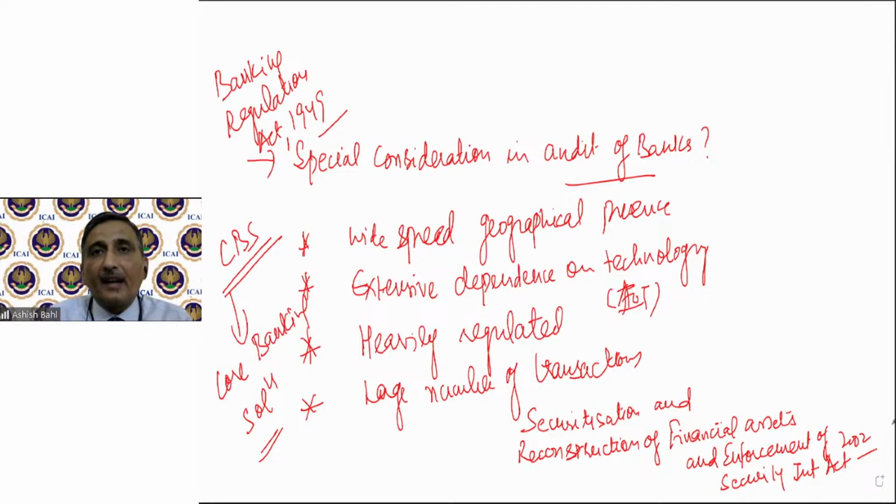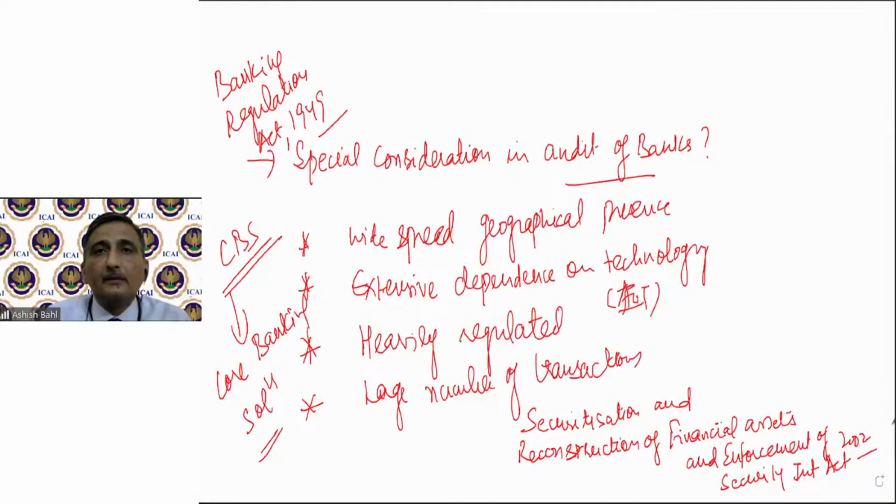The basic purpose of this act is that it gives powers to bankers to dispose of, to sell off the assets, the securities which the borrowers have mortgaged, in case they do not pay up the amount they have borrowed.